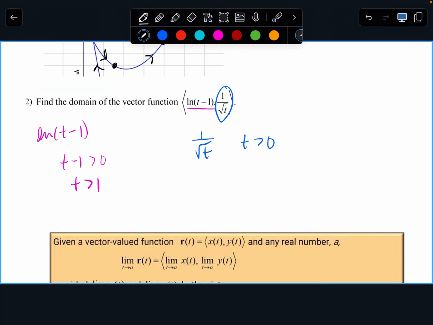Because t has to be greater than 0 and t has to be greater than 1. To combine them together, a half would work for the blue one, but not for the pink. So to combine them all, your domain would be from 1 to infinity.